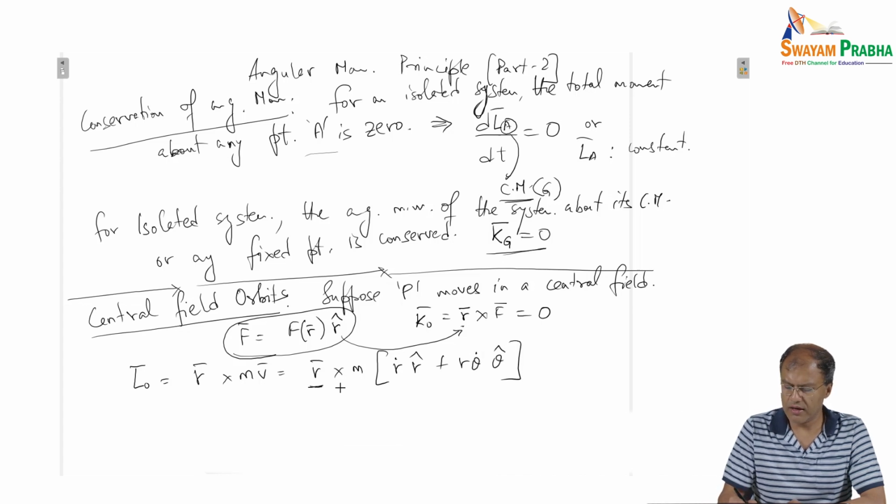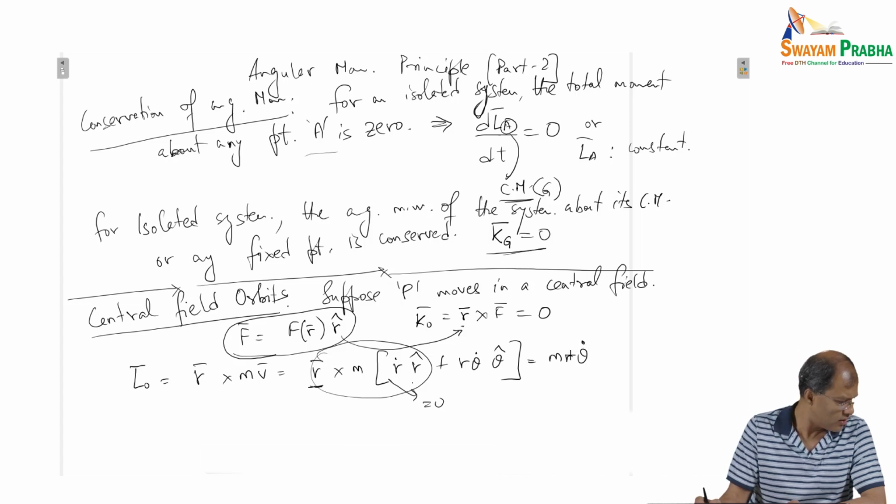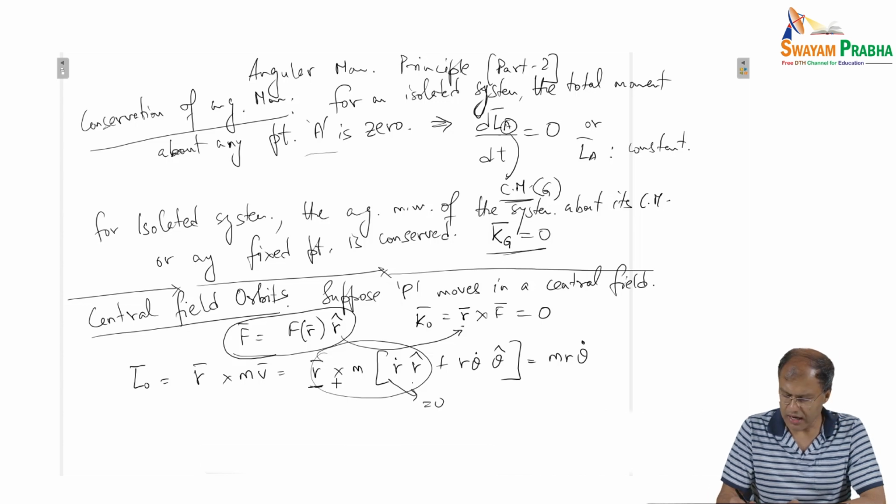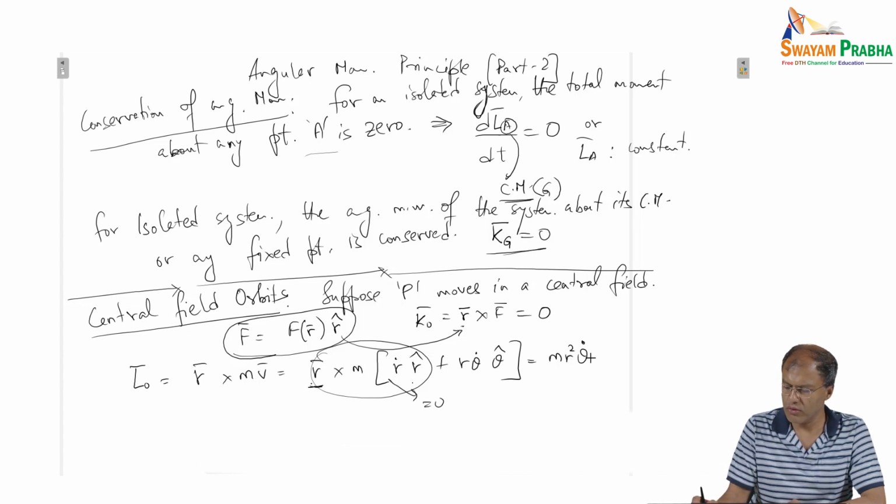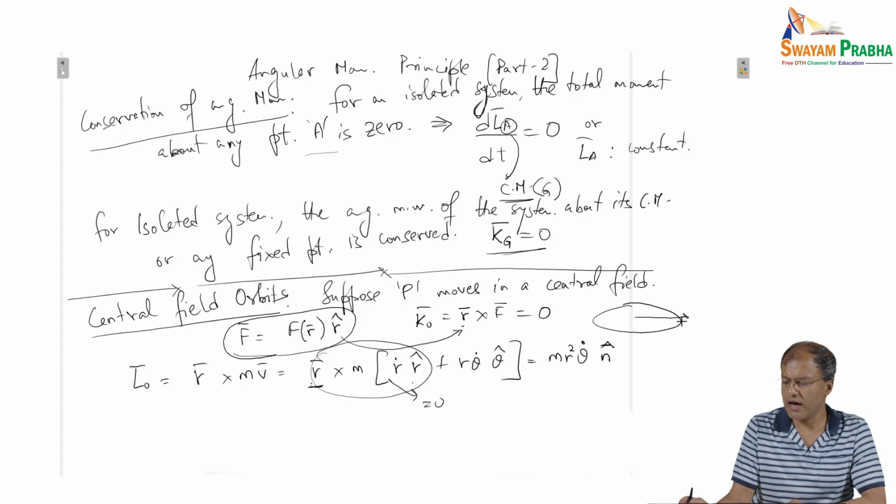And of course, if we take the cross product of r with r hat, the first cross product is going to give us 0, and we see that this is going to be m r theta dot, well, r is r times r hat, so r theta dot n hat. So if we are talking about a central field, r hat is the radial direction, theta hat is the tangential direction, and n hat is the direction which is normal to both r hat and theta hat, right? So that is our n hat.